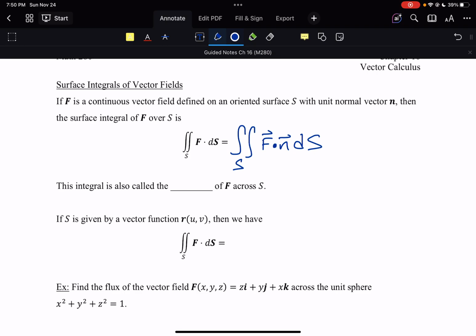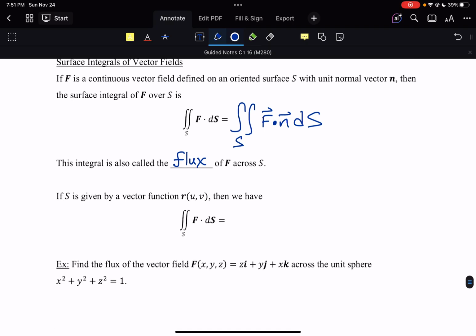This integral will also more commonly be referred to in applications of physics and engineering as the flux of F across S. So if you hear that terminology thrown around in any of your physics or engineering classes, or you may have already encountered some examples working with flux, this is basically what it's talking about. It's just evaluation of a surface integral over a vector field.